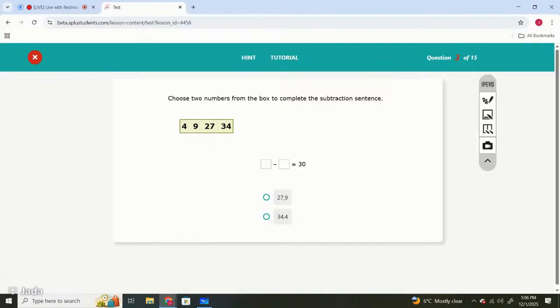Which is the correct option? Option number 2 is the correct option. 34 minus 4 is 30.